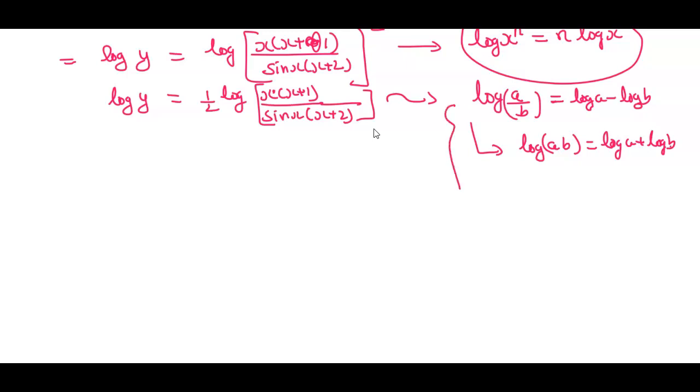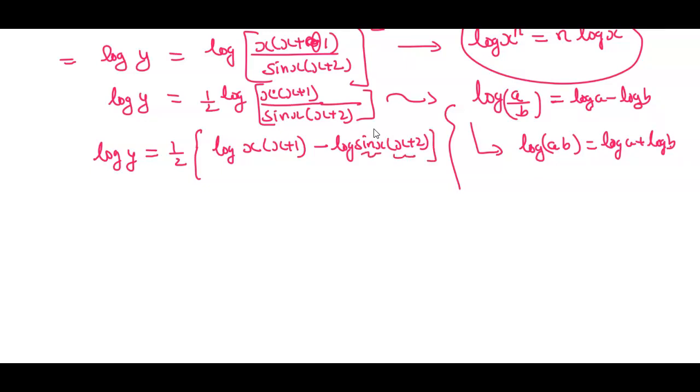So let's see. So far I have not differentiated, I am simplifying initially. Now this is log x plus 1 minus log sin x plus 2. Now trigonometric function with an algebraic function.